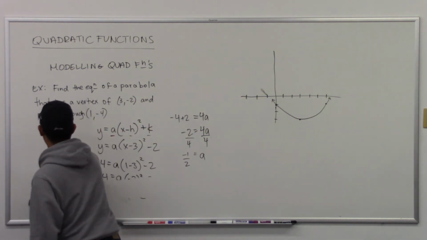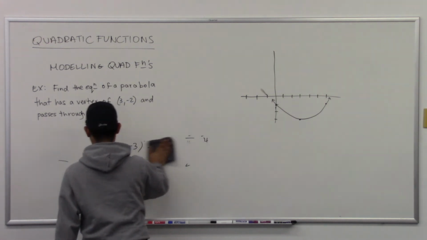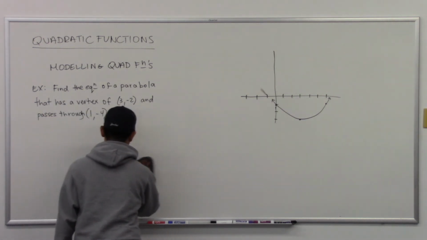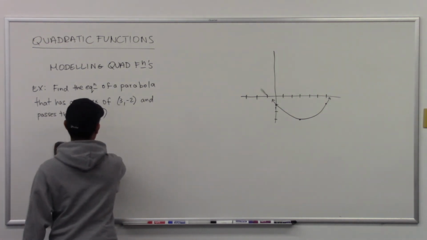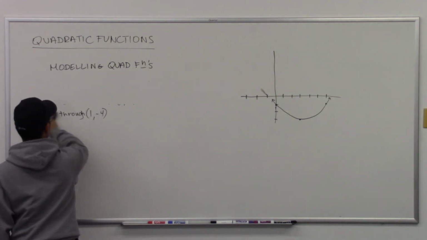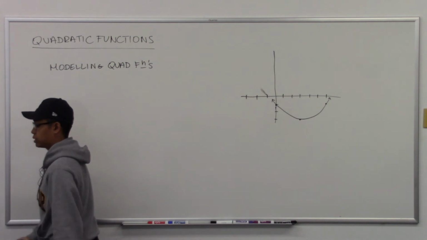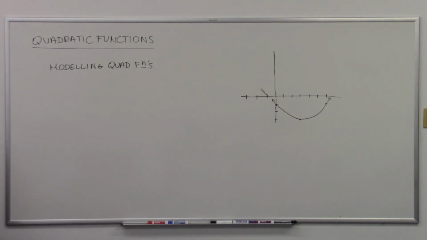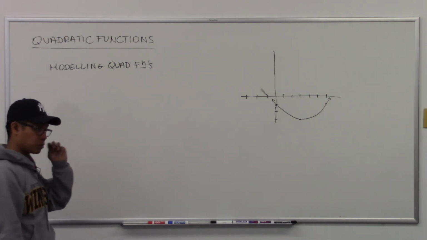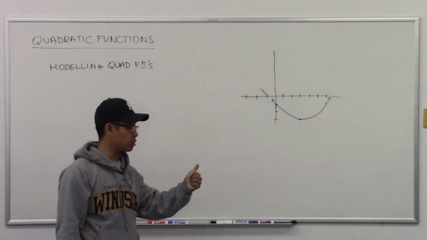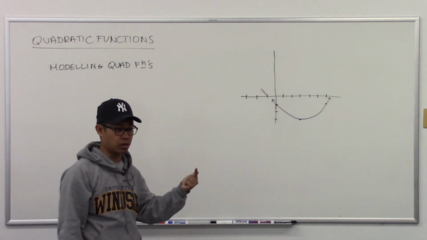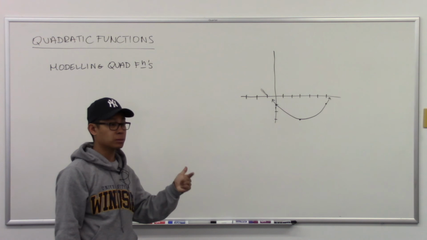All right, Jules. I'm looking for one of two things when I'm modeling. What are they? Not yet. What do I start to try and find? To see whether it has something or something else. Vertex or? Is it giving me the vertex or is it giving me, what's the other thing it could give me? The x-intercepts.